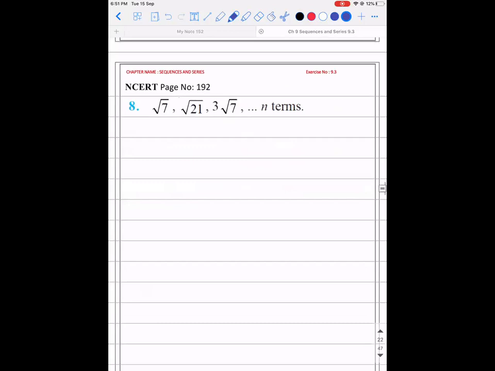We'll go to the next one. So A is root 7. R is how much? A is root 7 into R power n.